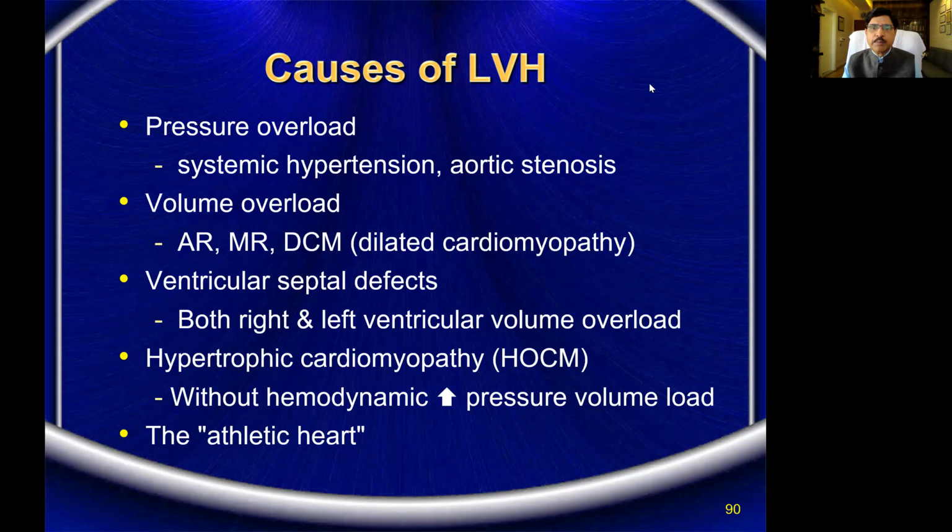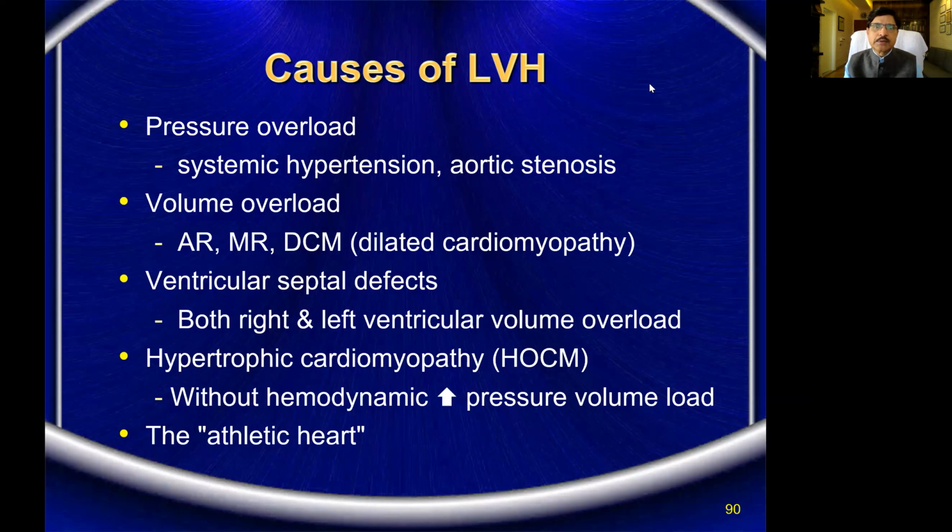Without hemodynamic increase in pressure, volume overload occurs. And athlete's heart, a person who is a very hard working sportsman, there will be some amount of left ventricular hypertrophy. That's athlete's heart. Normally, this is called a physiological cause of left ventricular hypertrophy.